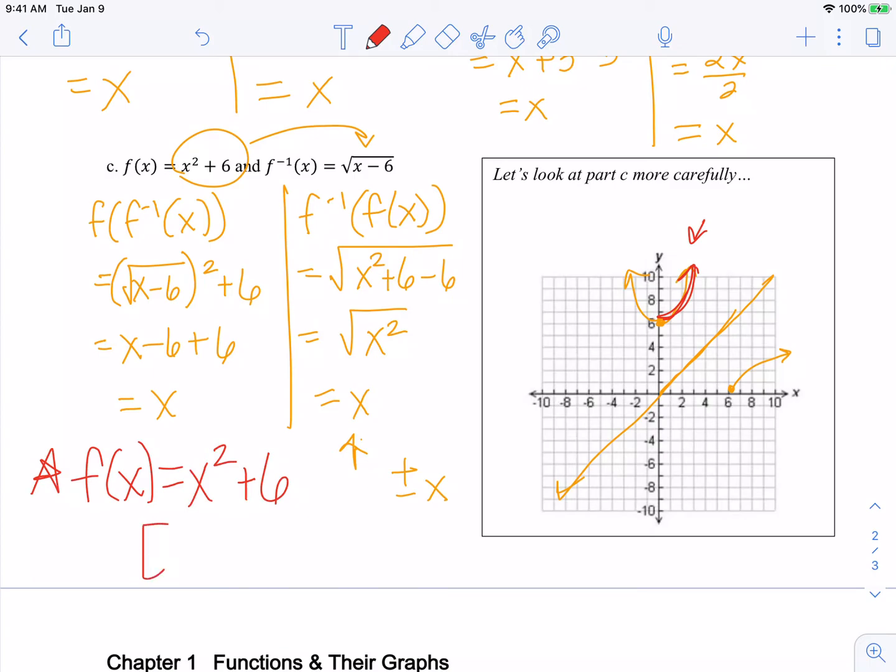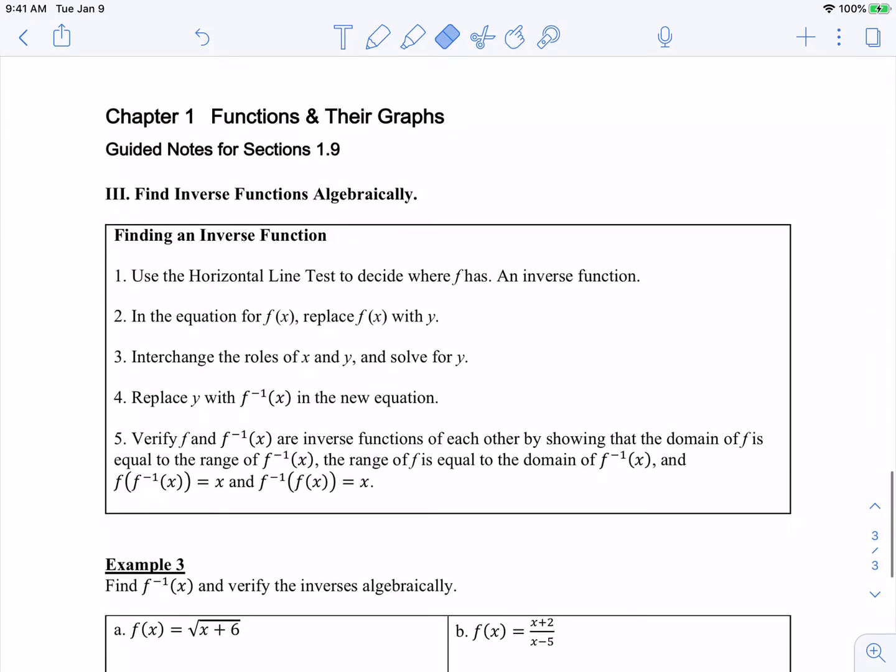So I could just write from 0 to infinity. So that's the domain restriction, okay? Because if we looked at that left half, it actually wouldn't even be represented with the square root. So just be careful with parabolas, because you do have to restrict the domain to have an inverse.